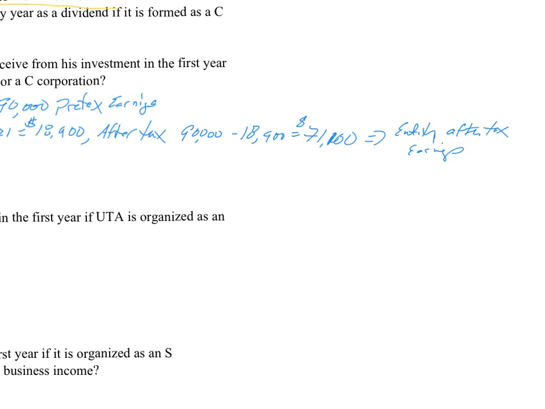Okay, now what do we know is going to happen? Now, we're also told that if he's organized as a C corporation, the C corporation is going to pay out 25% of its after-tax earnings every year as a dividend.